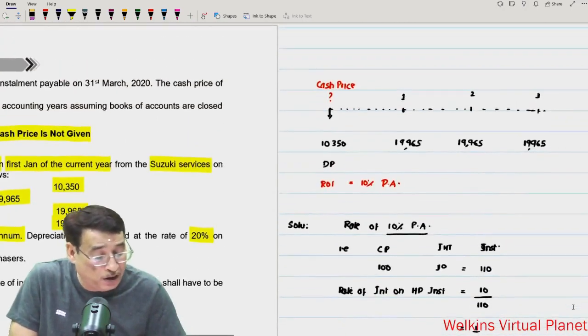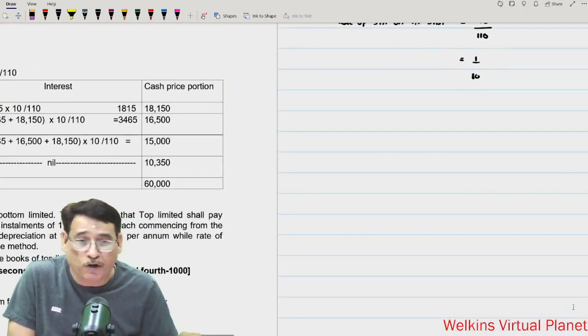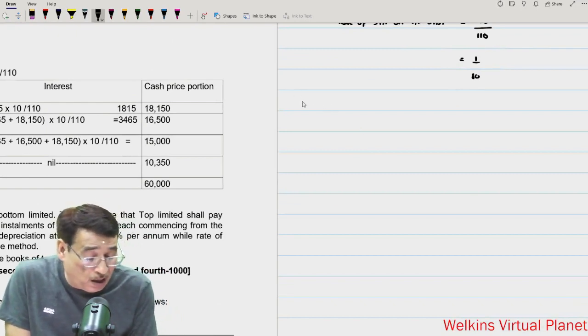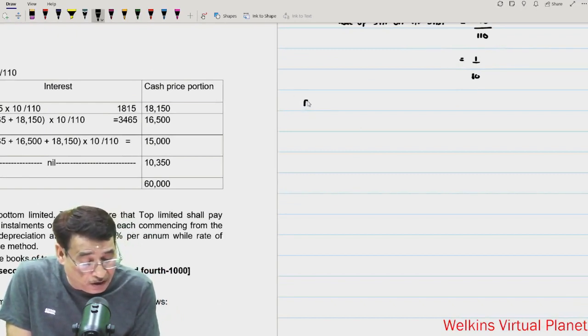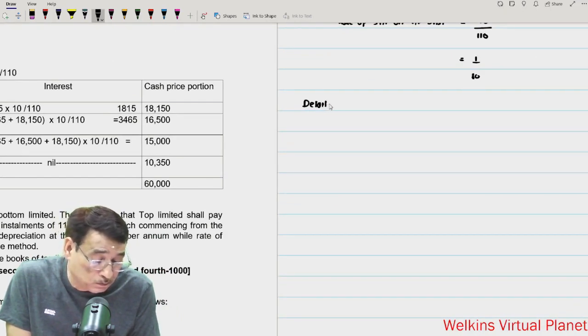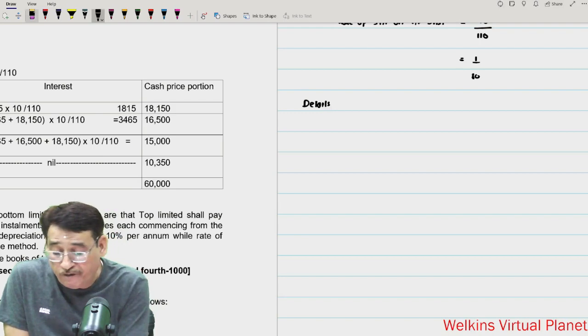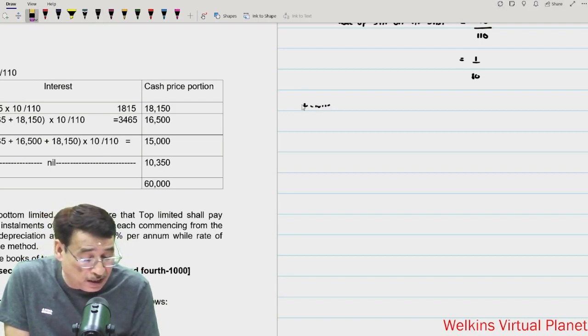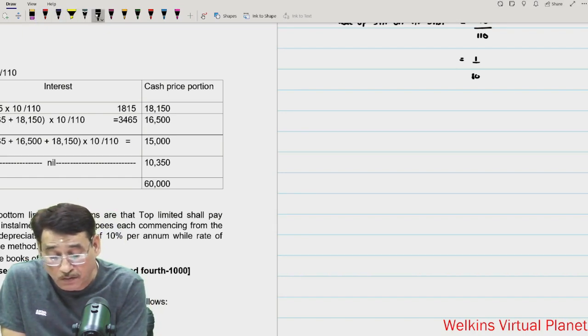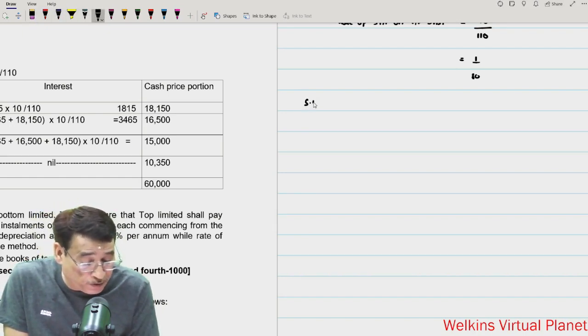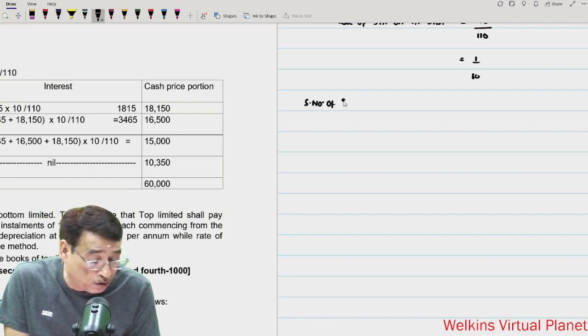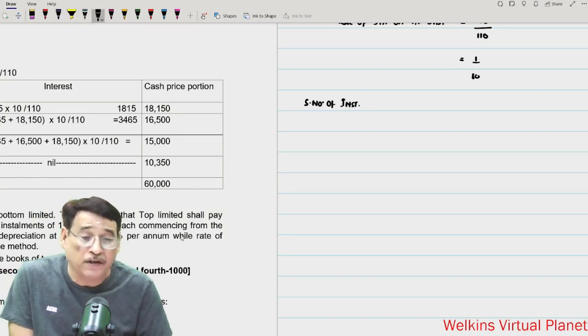Right, absolutely right. After this, what we are supposed to do? After this, you write here details. In fact, instead of details, this time you better write serial number of installment, correct?